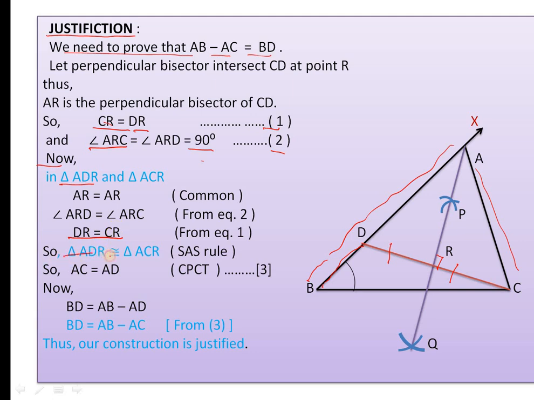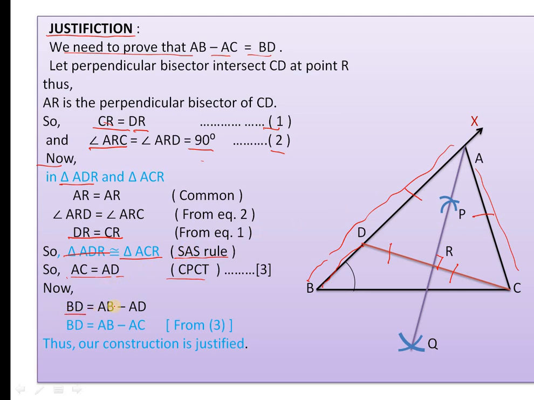So triangle ADR is congruent to triangle ACR by the SAS rule. So AC is equal to AD by corresponding parts of congruent triangles, CPCT. Equation third.